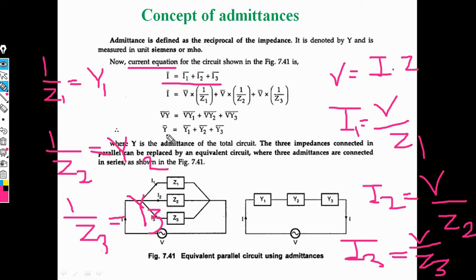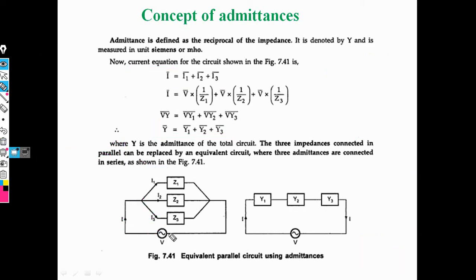But Y is equal to Y1 plus Y2 plus Y3. This is the equivalent admittance. Y is the total admittance of the circuit, with respect to admittances 1 upon Z1, 1 upon Z2 and 1 upon Z3.